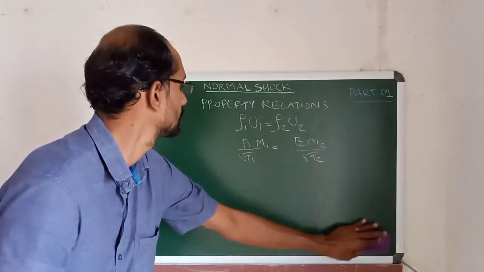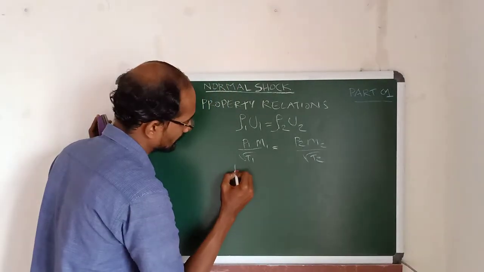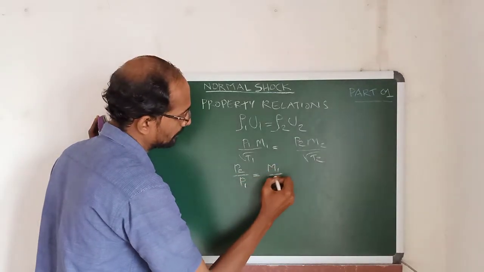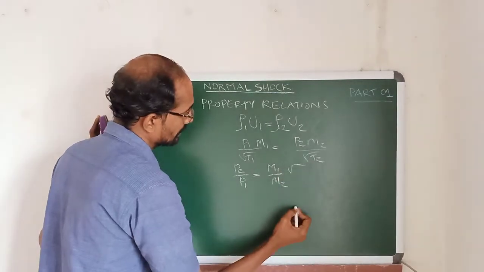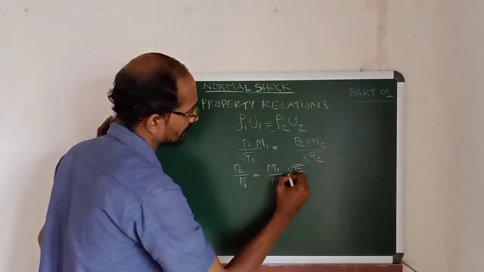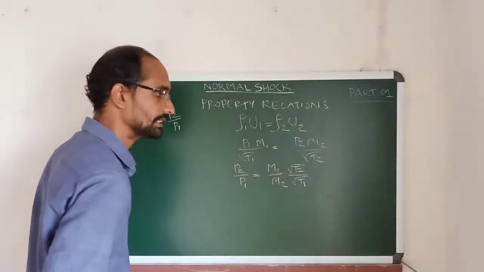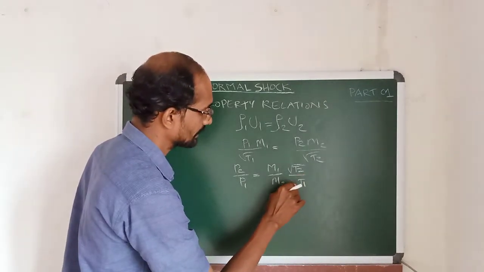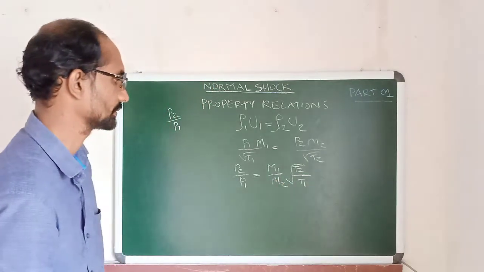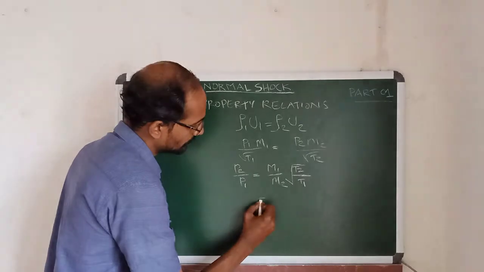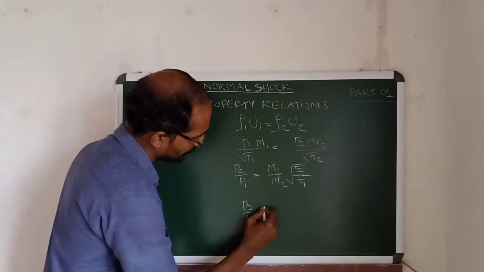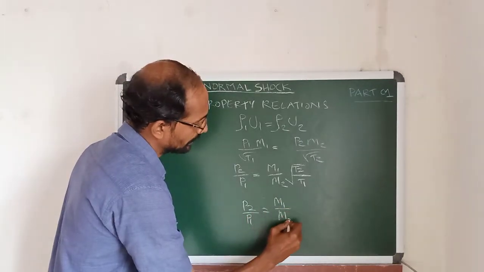From this we can write P2 by P1 equal to M1 by M2 into root of T2 by T1. Or I can take a common root. Now P2 by P1 equal to M1 by M2 into, what is this?